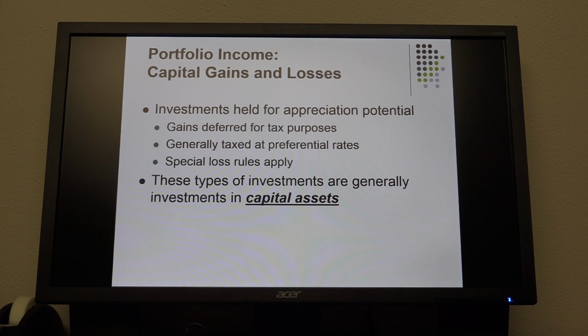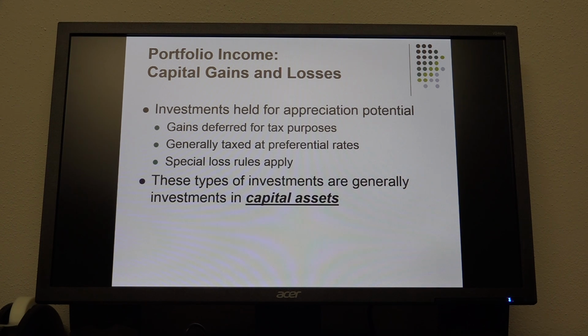So anyway, as long as it's a capital asset, as long as you're getting some sort of income from the capital asset or appreciation of the capital asset, you're going to have this taxed at more favorable rates, with the one exception being personal use capital assets.